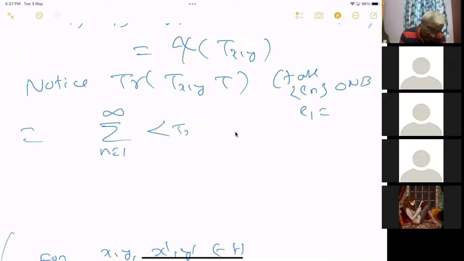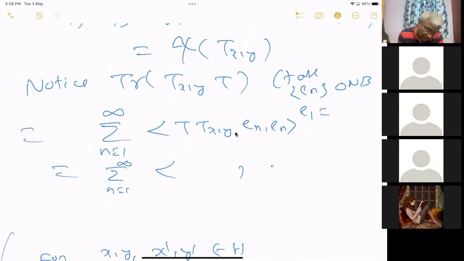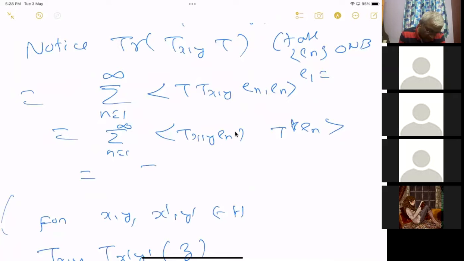Okay, T_{x,y}, sorry, doesn't matter which way you take. Or you can take the other way. E_n, that's what you want to do. So that is equal to summation n equal to 1 to infinity. So you get the T star E_n on the other side. Okay, T_{x,y} E_n. Okay, now that is equal to summation n equal to 1 to infinity.